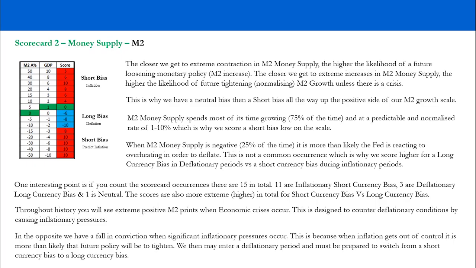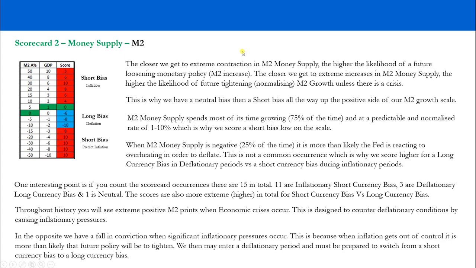And the closer we get to extreme increases in the M2 money supply, the higher the likelihood of future tightening or normalizing, so going back to the normal level in terms of M2 growth, unless there's a crisis, in which case they'll just keep printing money for the foreseeable future at very high rates. And this is why we have a neutral bias here, where it's completely normal to print at 5-6%, and then a short bias all the way up the positive side of our M2 scale.